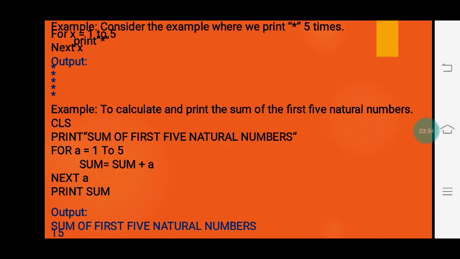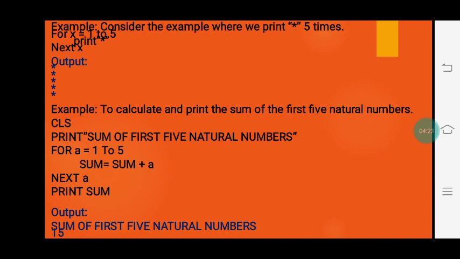Now let us see the next example, to calculate and print the sum of the first 5 natural numbers. Print sum of the first 5 natural numbers. This will print on the output screen. Then for a is equal to 1 to 5. Again here a is an integer variable with the initial value 1 and the final value 5.